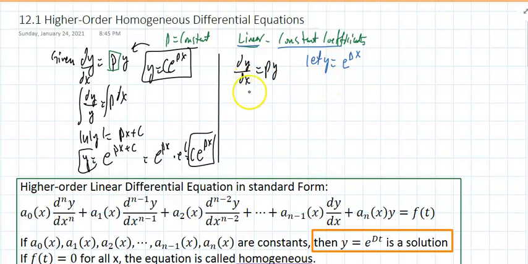Then, to solve this equation, I need a derivative. Well, y prime is e to the dx times d, where d is a constant.